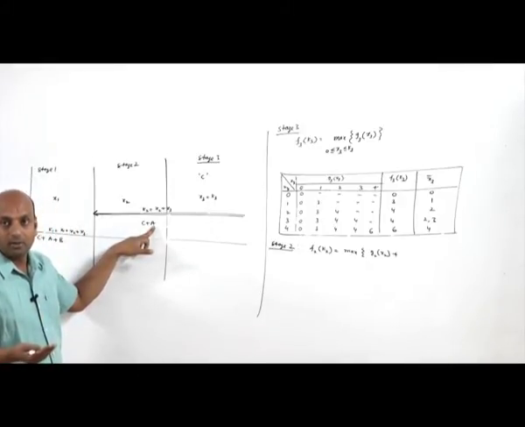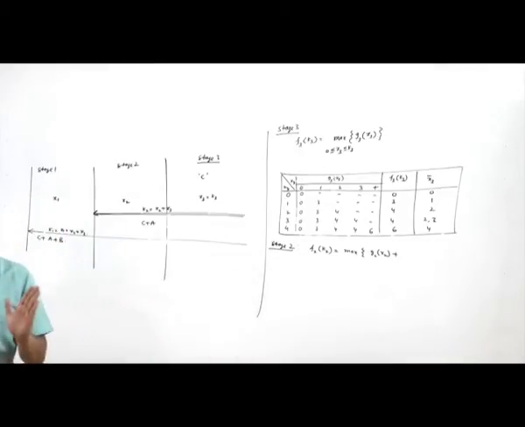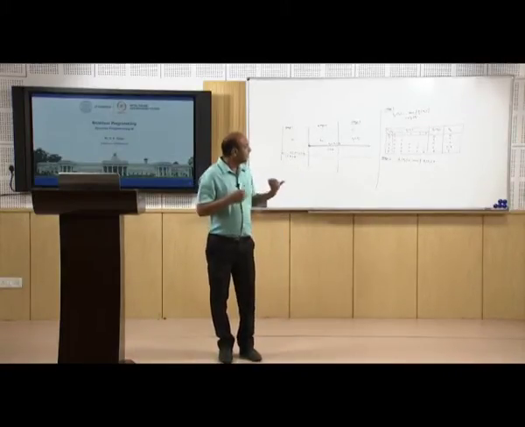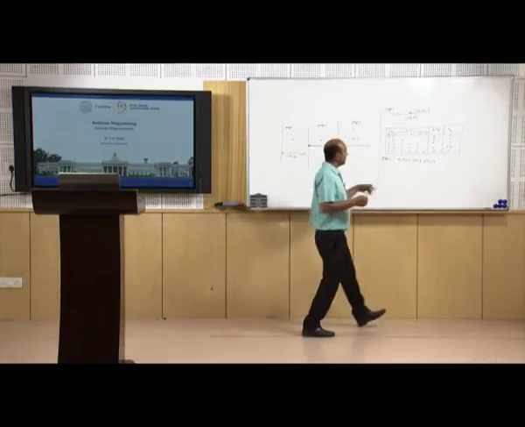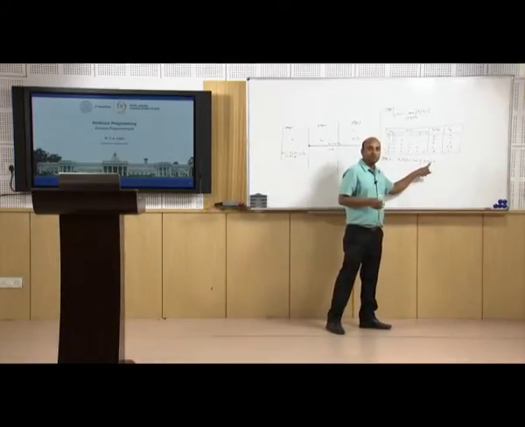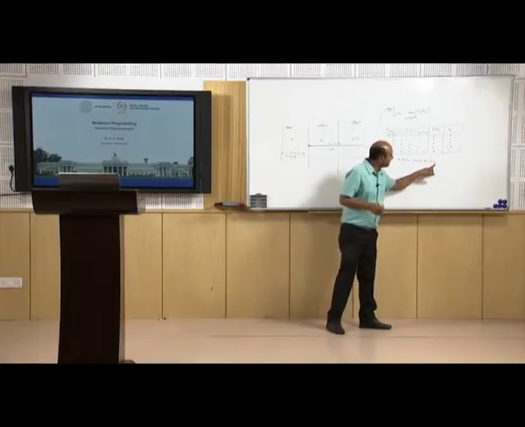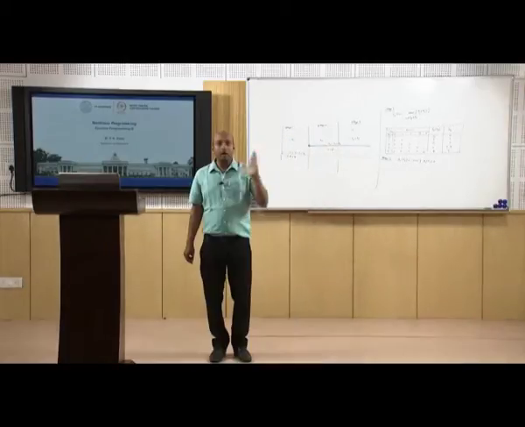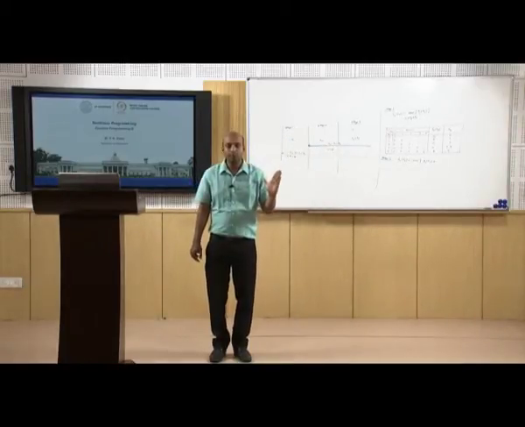If we have plant A, the return obtained from different values of x2 will be G2X2, plus whatever we obtain from stage 3, that will give C and A, that will give our return for stage 2.